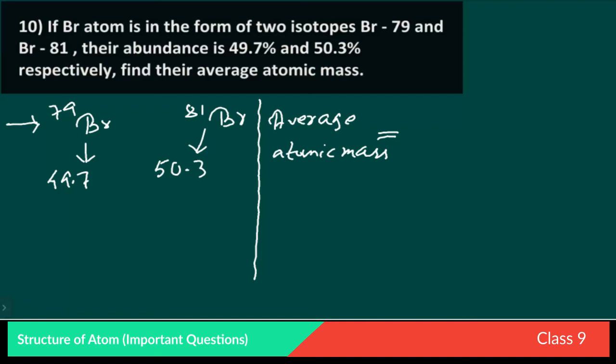So for bromine 79, I can write 79, that is its mass number, multiplied by its natural abundance, and we have to add it with the mass number 81 multiplied by the natural abundance of bromine 81, that is 50.3.